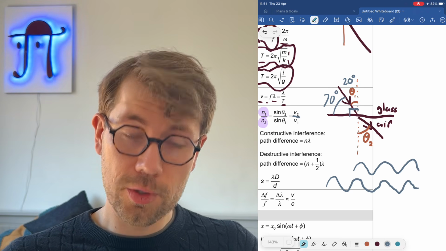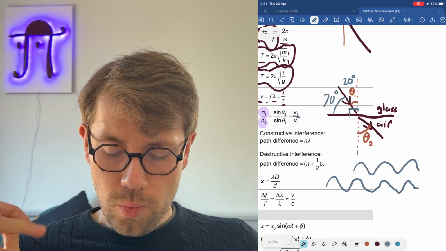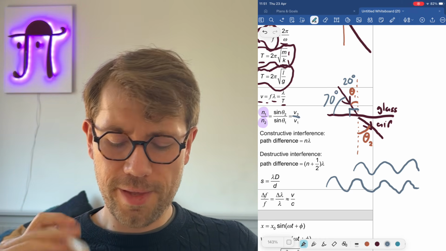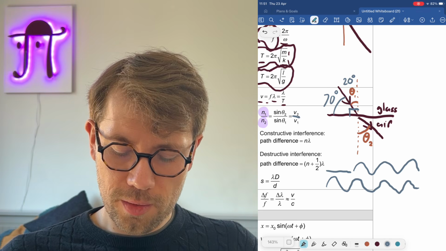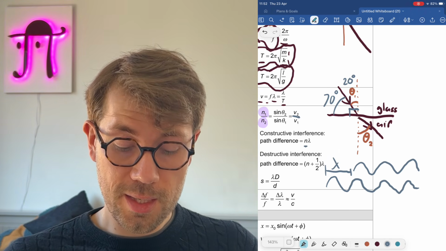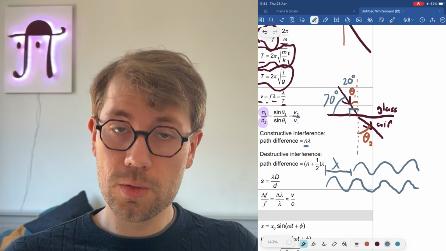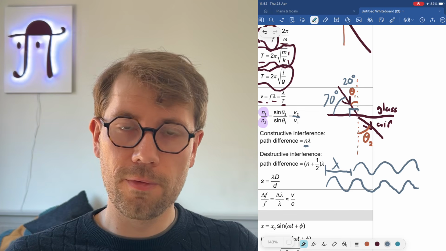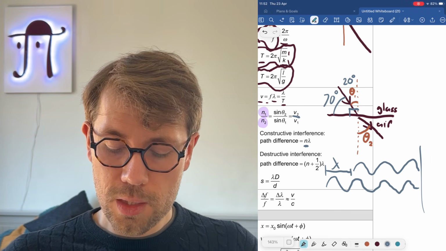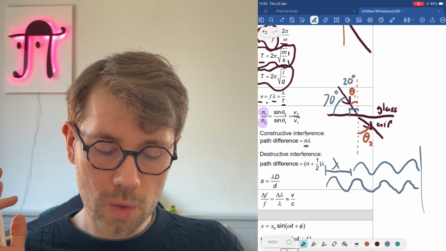As long as these waves are coherent, meaning they have the same wavelength, well, the path difference here from here to here is one wavelength. N here stands for any integer number. So I could have that be 2 wavelengths or 3 wavelengths or 4 wavelengths. As long as that's a whole number, this is going to work out. These will be in phase by the time they hit something together, which means we get constructive interference.